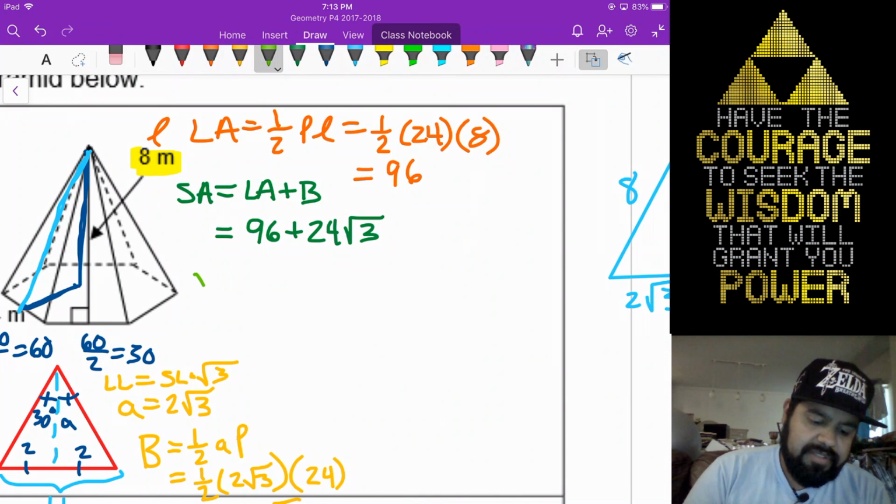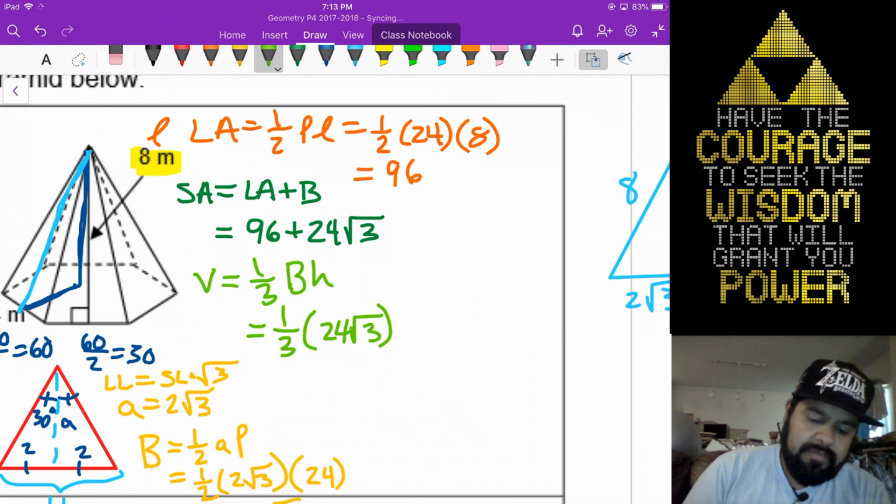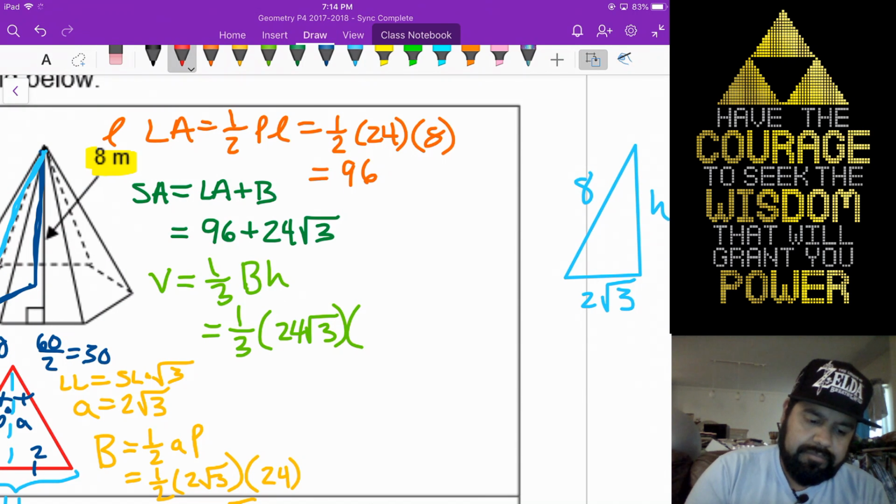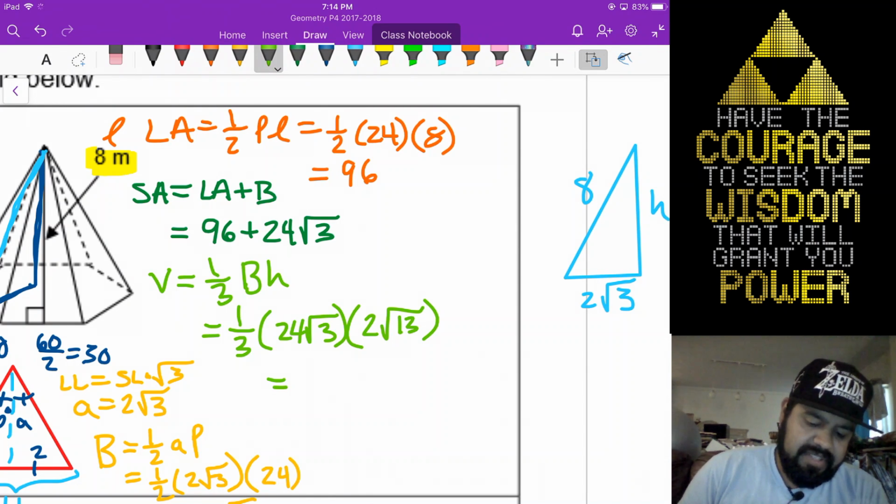So our volume is going to be 1/3 the base area times the height. So 1/3 of 24 rad 3 times, what did we just say that was? 2 rad 13. That'll be fun. So let's see, 1/3 of 24 is 8. 8 times 2 is 16.